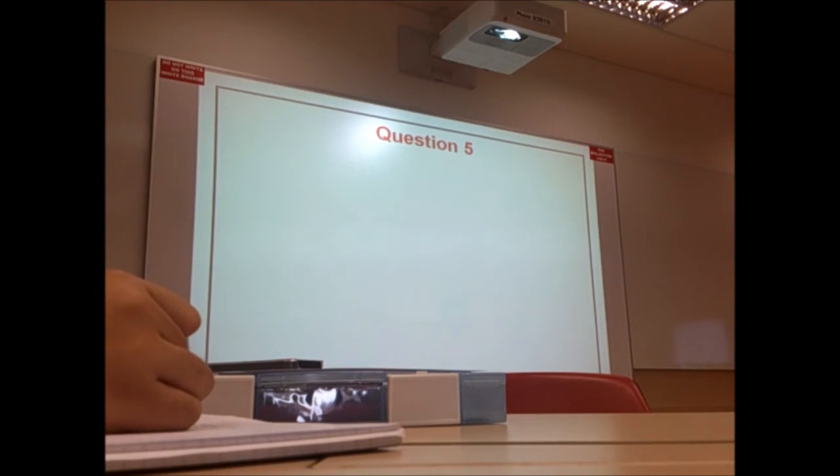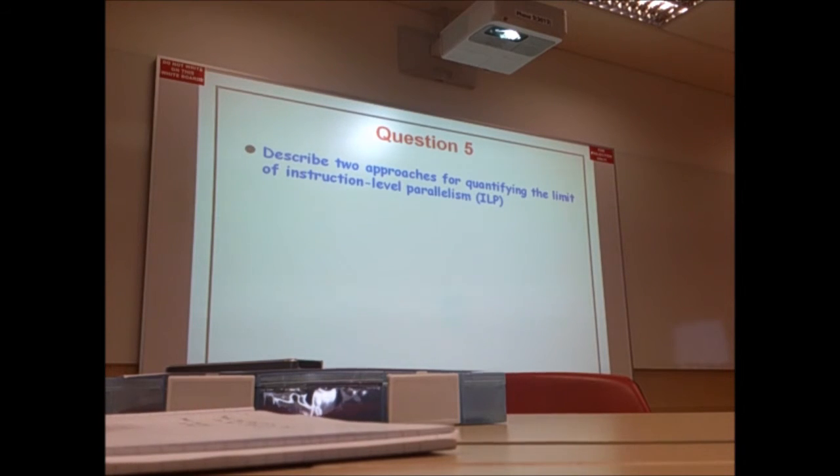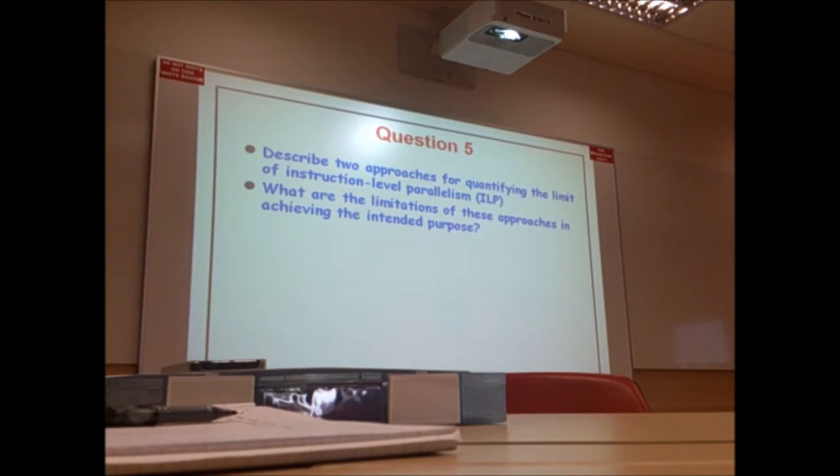Okay, let's go on to the next question. Question number 5 asks you to describe 2 approaches for quantifying the limit of instruction level parallelism, and what are the limitations in these approaches?